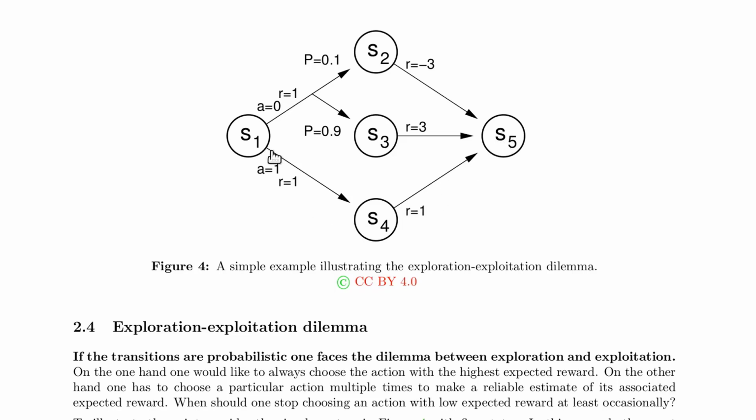So quite obviously the expected reward along this path would be 2. So Q of S1 and A equals 1 would be 2.